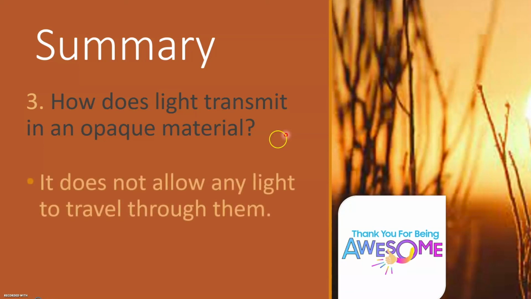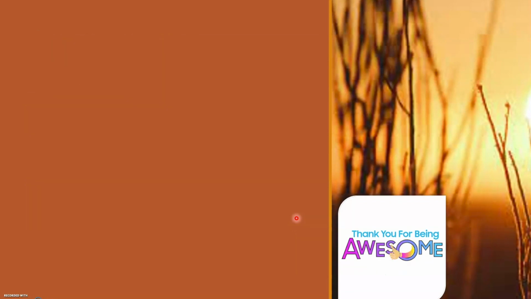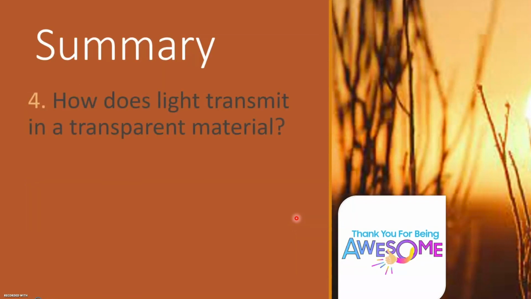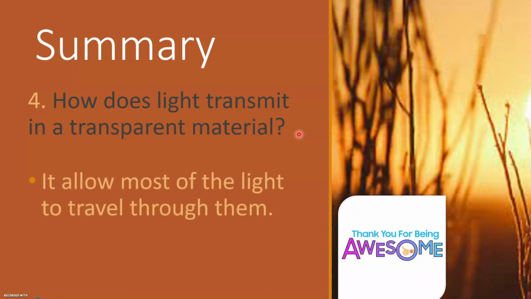Very good. It does not allow any light to travel through them. Number 4: how does light transmit in a transparent material? Very good. It allows most of the light to travel through them.